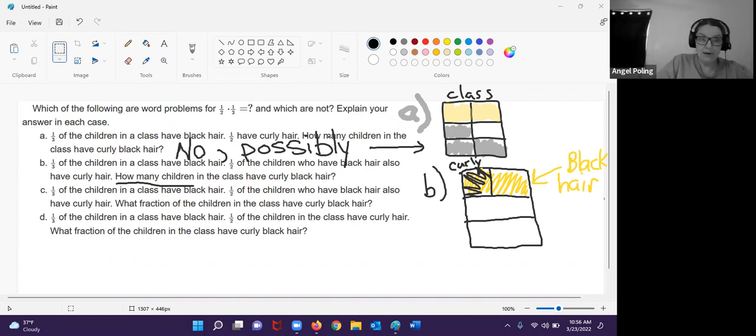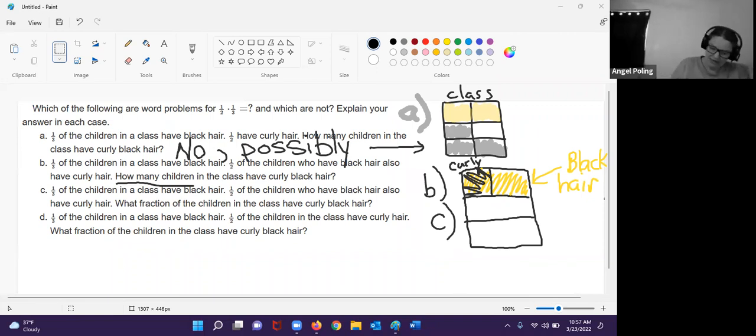We know what fraction of children. So looking at part C, sorry, 1/3 of the children in a class have black hair. Check, check. Image for B. 1/2 of the children who have black hair also have curly hair. Same image. So C and B both have this image.